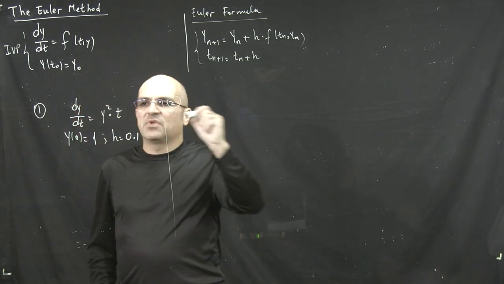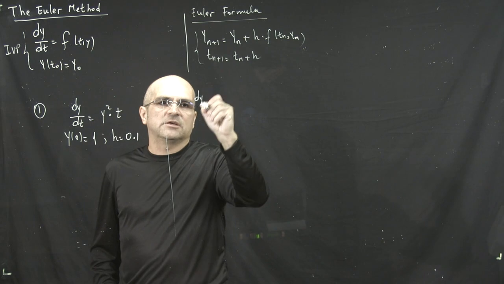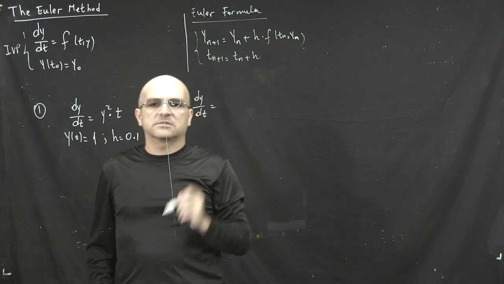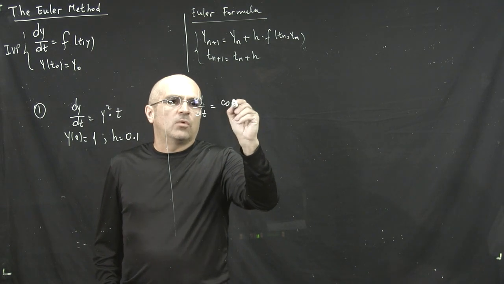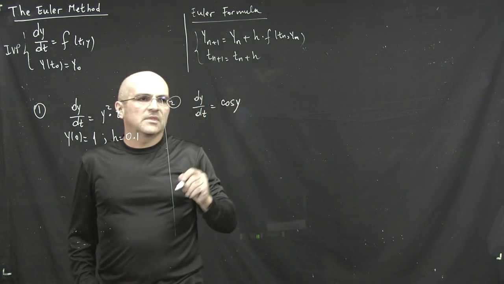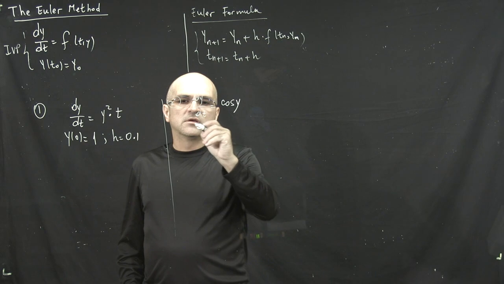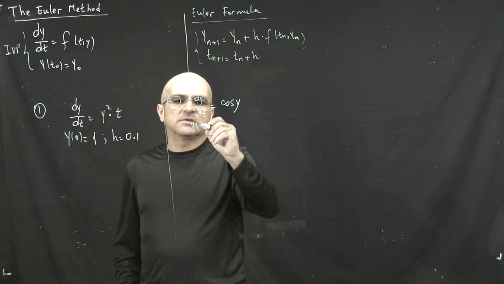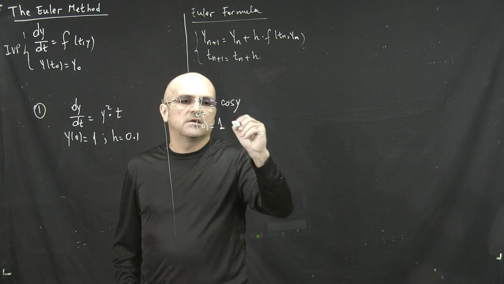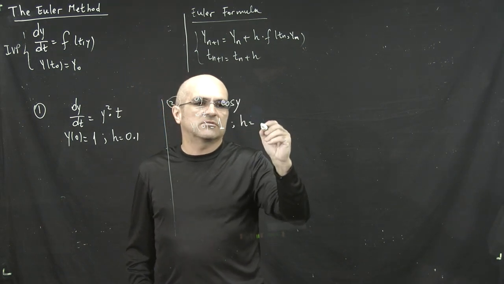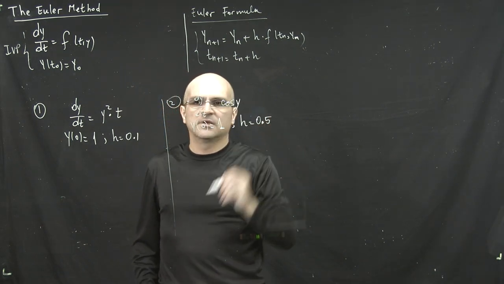In another example, let's say dy/dt equals cosine of y, and y of 0 equals 1, and the step size is equal to 0.5.